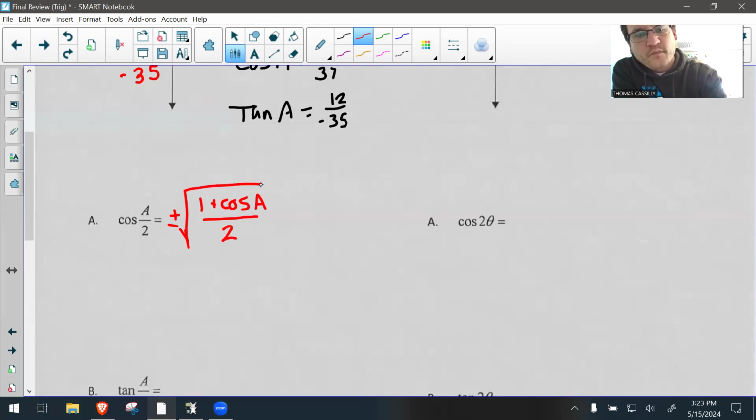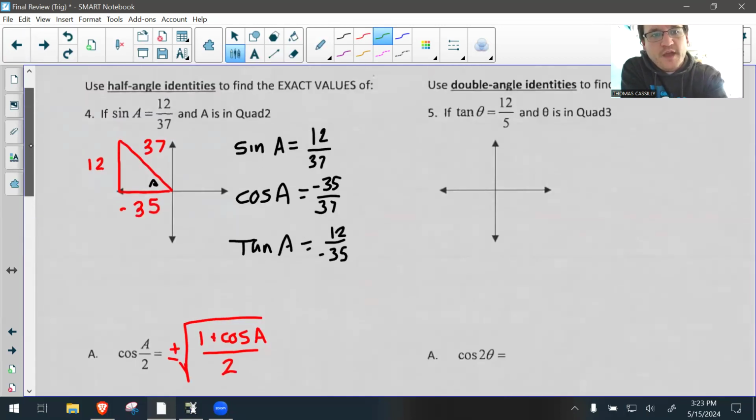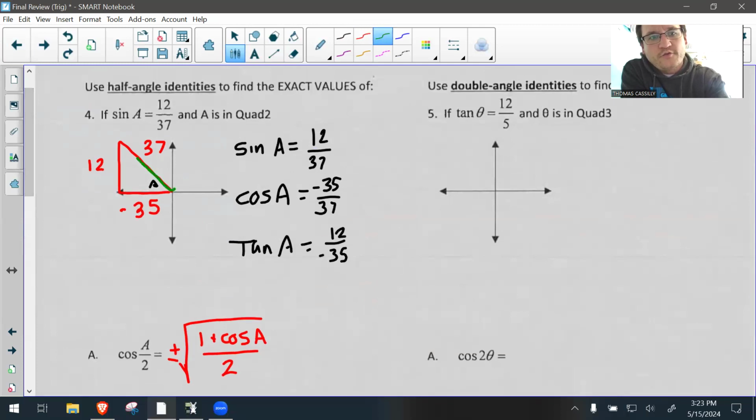Now, the plus or minus on the outside, we have to figure out where cosine of A over 2 is. Keep in mind, angle A is in quadrant 2. If I take that angle and cut it in half, it ends up somewhere in quadrant 1. I don't know where exactly, but I do know it is in quadrant 1.